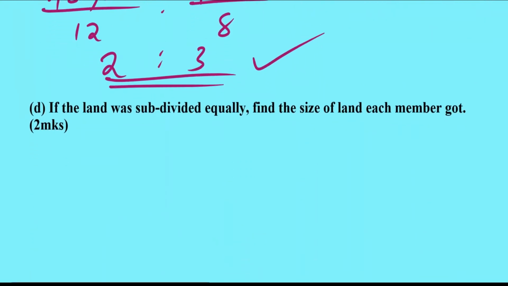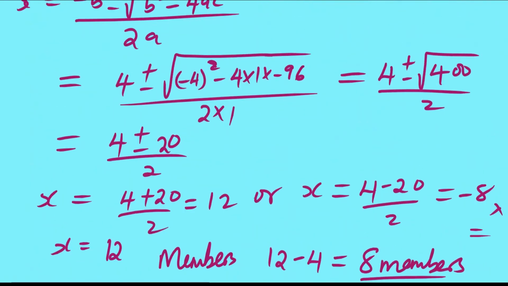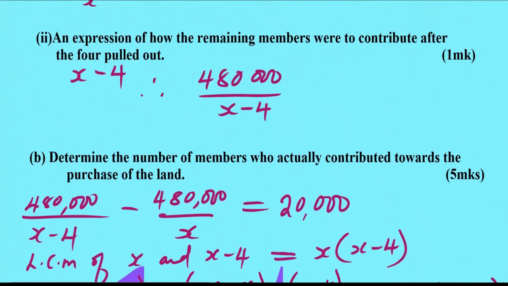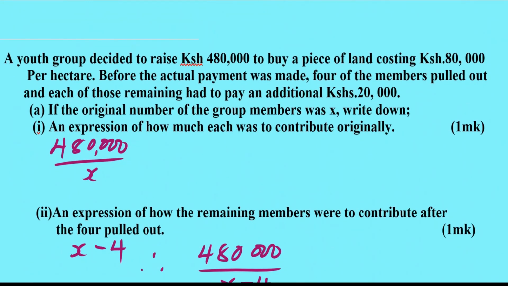The last part of the question is, if the land was subdivided equally, find the size of the land each member got. Now we go to the original statement here. The statement says that the piece of the land they were to buy was costing 80,000 per hectare.